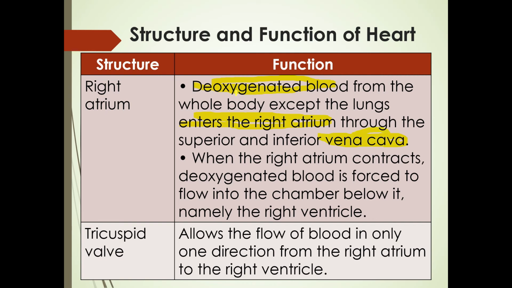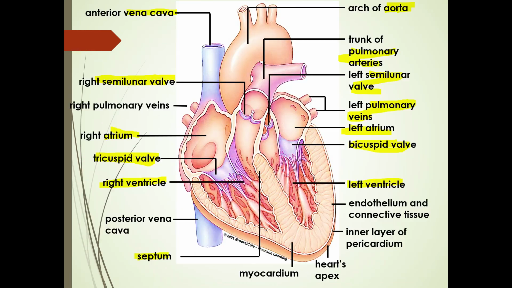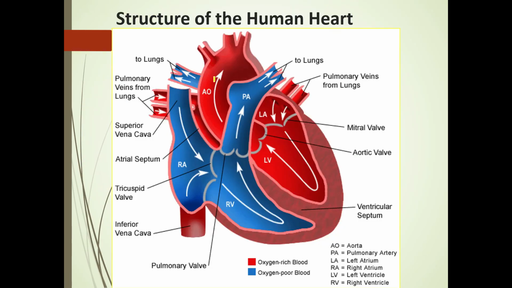So the deoxygenated blood enters the vena cava and goes to the right atrium.